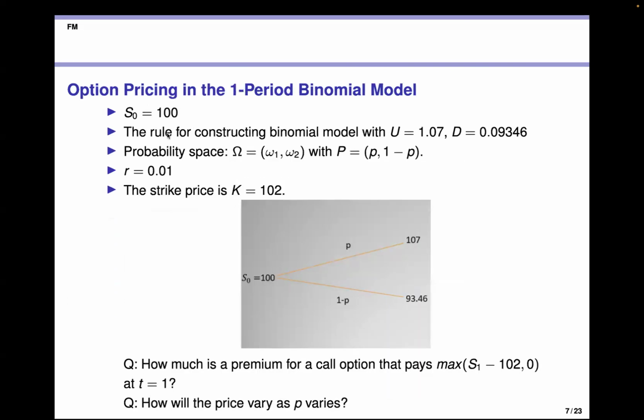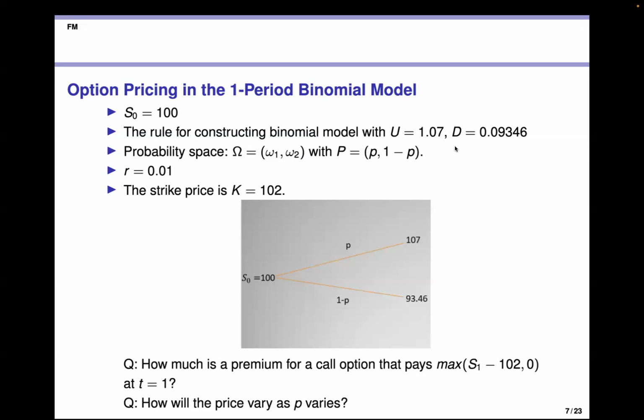And we suppose that the initial price is given, the multiplier factors are given, it is U and D, and the probability space is given. Only two scenarios are possible, and there are some true probabilities of these scenarios.